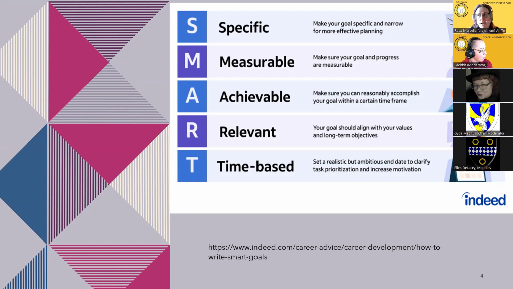Your goal should align with your values and long-term objectives. And time-based. Set a realistic but ambitious end date to clarify task prioritization and increase motivation. As someone with ADHD, having an end date helps you work on your goals because without an end date, it just never gets done.